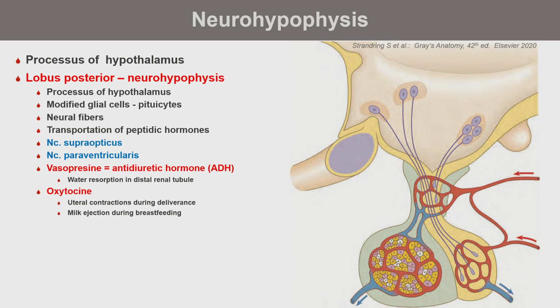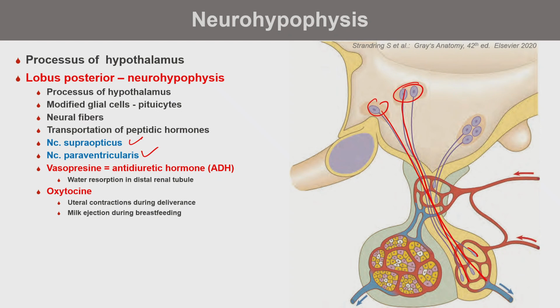Neurohypophysis is a little bit different. It contains the axons of neurons in the supraoptic and paraventricular nuclei, and this is really a process of the hypothalamus.